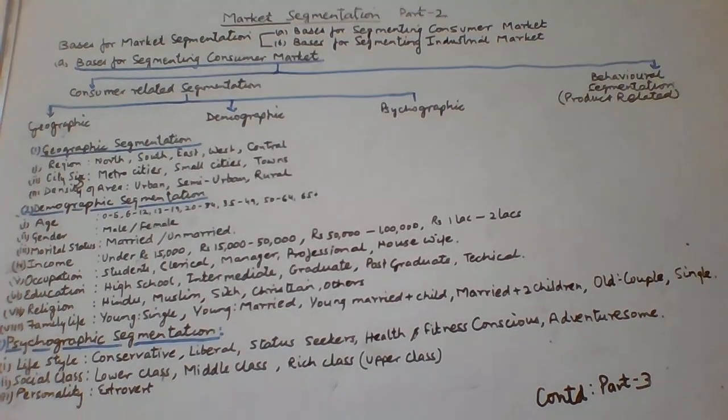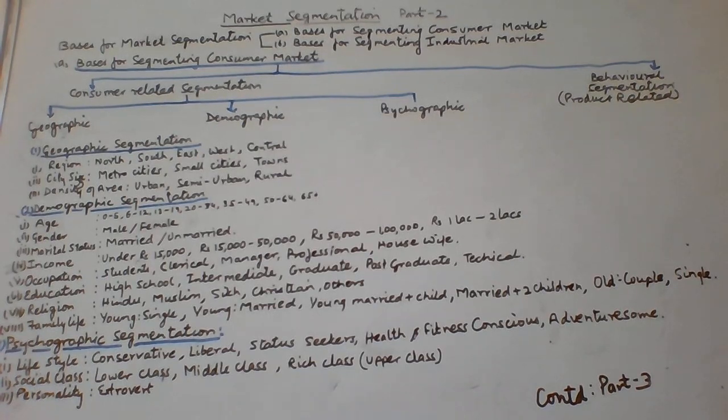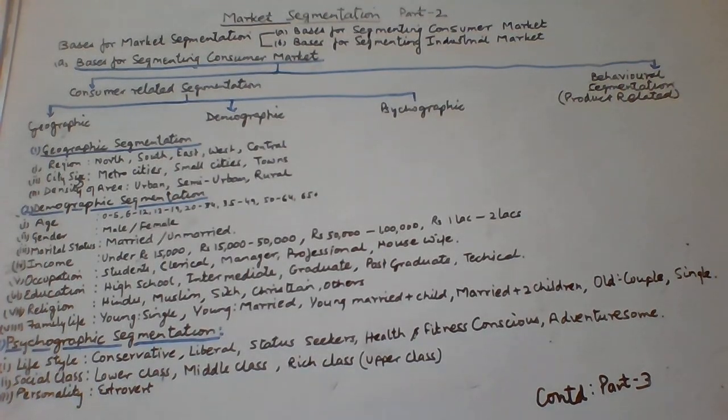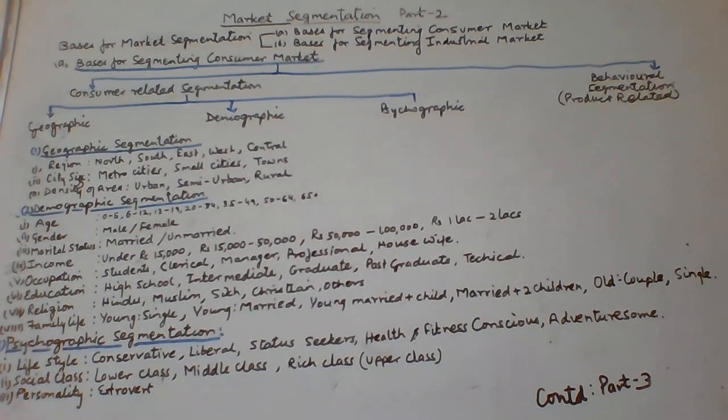For example, with small children up to 12, the decision mechanism is the same, but from 13 to 19, when the child comes into the teens, he or she has their own aspirations and likings, maybe about food, movies, fashion, dresses, clothes, and so on.